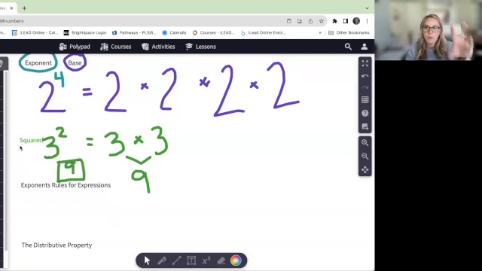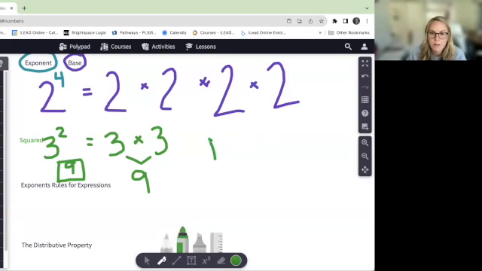So if you have 3 to the power of 2, you could say 3 squared. If you had 4 to the power of 2, you could say 4 squared. Just think of that square like finding the area of a square, right? Because if we had a square right here, it would be base times height. So if it was 3, you would have 3 times 3, which is the same as that exponent. Okay, so squared is just to the power of 2.